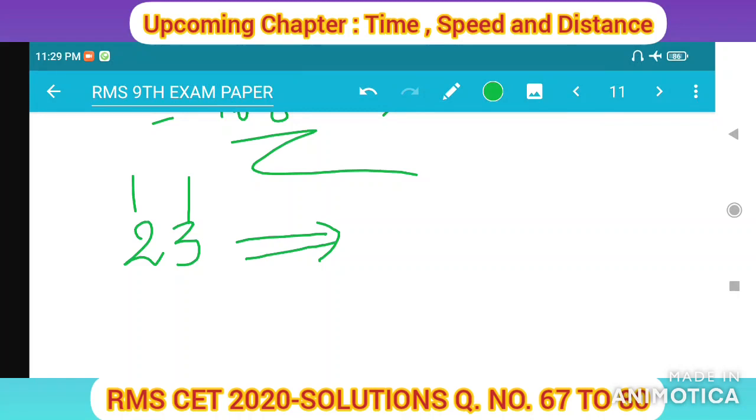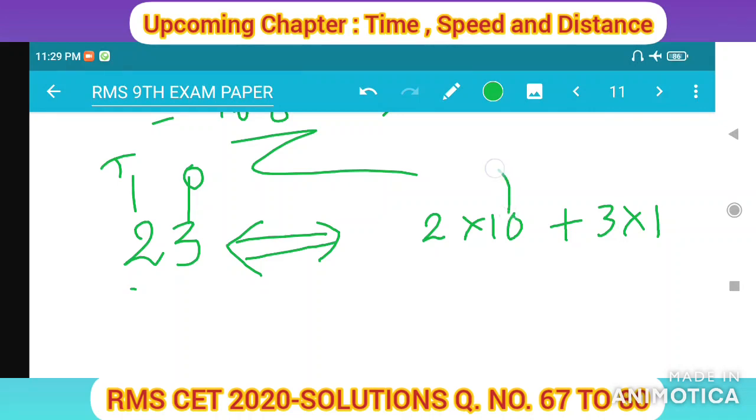See, 2 into 10. Understood? This is the ones place, this is the tens place. So 2 into 10 plus 3 into 1. After expanding 23, in the tens place there is 2 and in the ones place there is 3. 2 into 10 is 20, 20 plus 3 is 23.